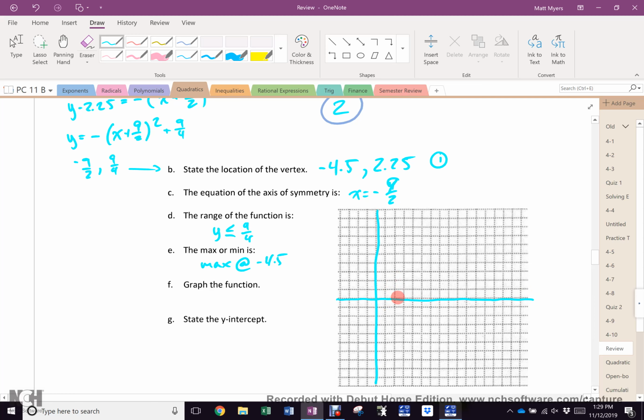Sorry, where was I? Oh, we're graphing. I would go negative 1, 2, 3, 4.5 and up 1, 2 and a quarter.